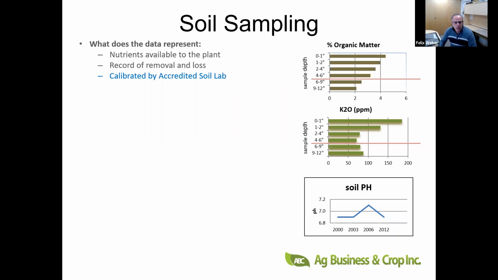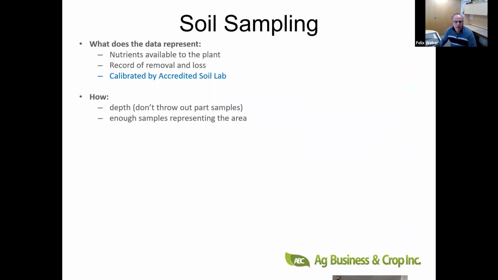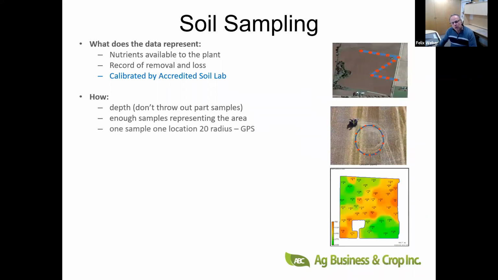To get a good data set, it has to be repeatable. Consistent depth in a sample and the amount of soil collected are very, very important. Collect the right amount of cores so that you don't have to throw anything from the sample away. As soon as you throw soil away from the sample, what did you actually throw away?